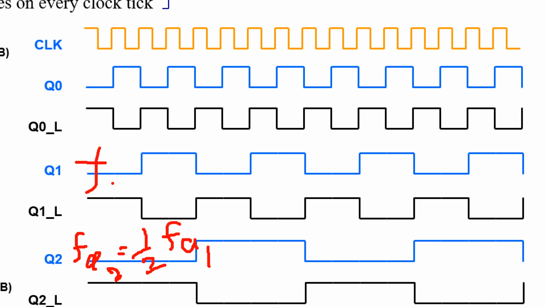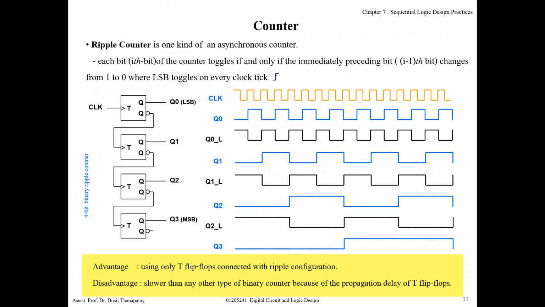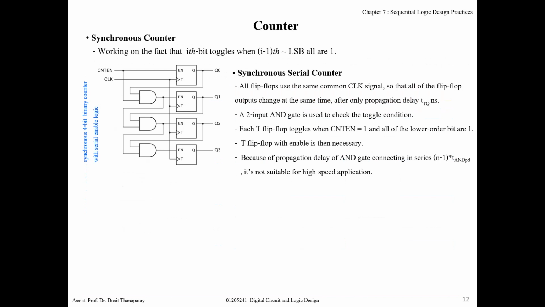The frequency of Q1 is half of the frequency of Q0, and the frequency of Q0 is half of the clock frequency.